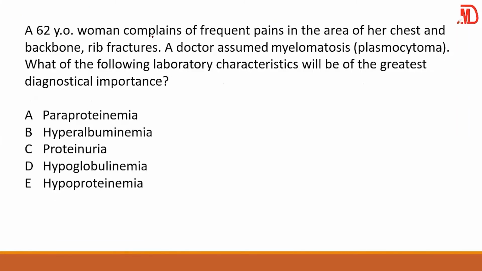We have a 62-year-old woman complaining of frequent pains in the area of her chest and the backbone, and rib fractures. A doctor assumed myelomatosis. Guys, do you remember when I mentioned myeloma, plasmacytoma? We are talking about an increase in proteins.